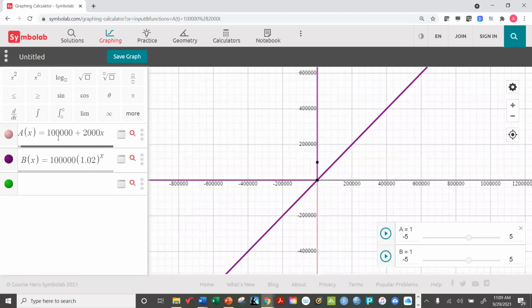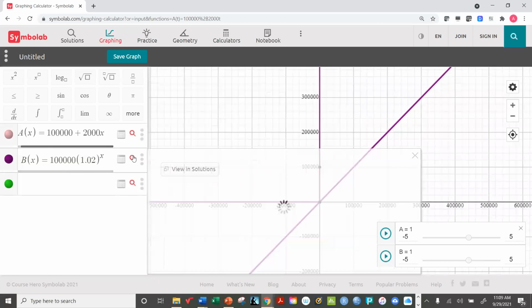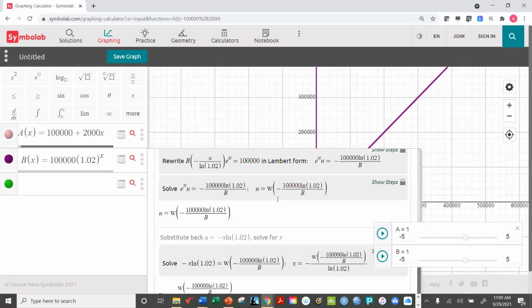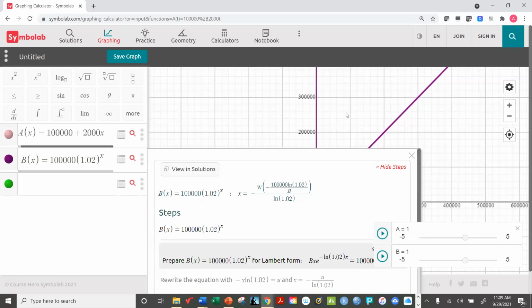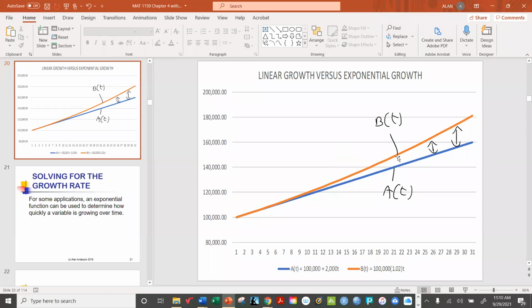Is there a typo here? No. Because this B function has to start. I mean, it doesn't know that the domain starts at 0, but still. I'm not sure what it's doing there, but it's not working. That's definitely not right. This is what we're supposed to see. All right, well, anyway, forget that.